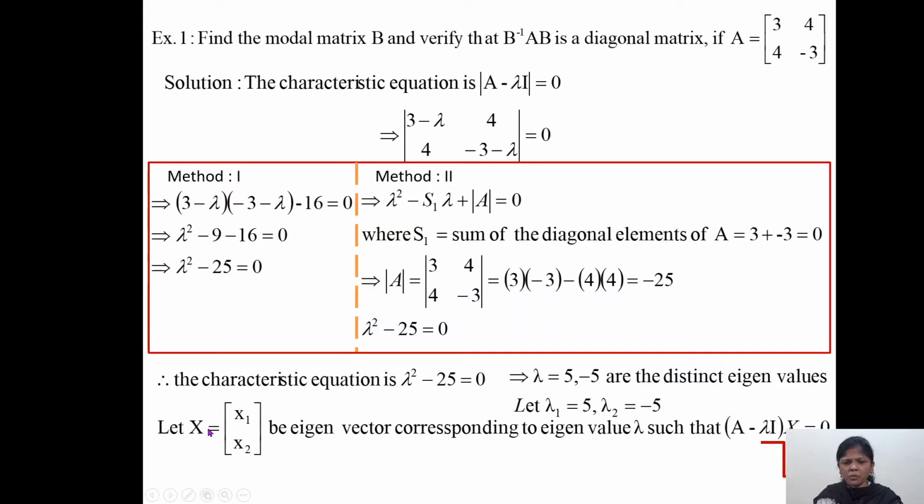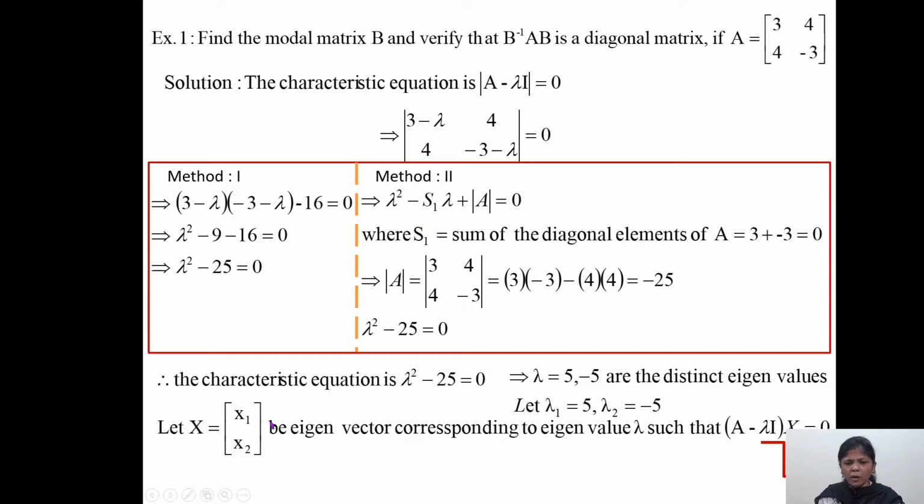Now the next aim is to find the eigenvectors. Here the order of the matrix is 2 by 2, that is, it is a square matrix of order 2. Therefore let us take X as the column matrix containing two elements x1 and x2. Let X, the column matrix x1 x2, be the eigenvector corresponding to eigenvalue lambda such that A minus lambda I times X is equal to 0.